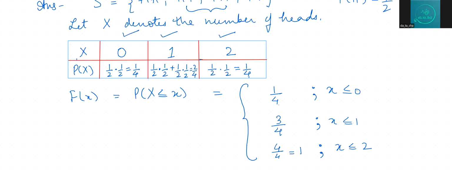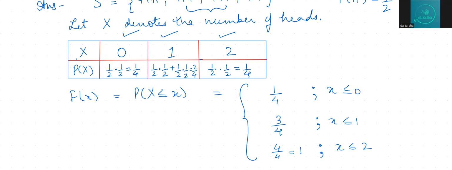As I explained in the starting, in the CDF, whatever you have as the last value of your capital X, it will always come equal to 1.